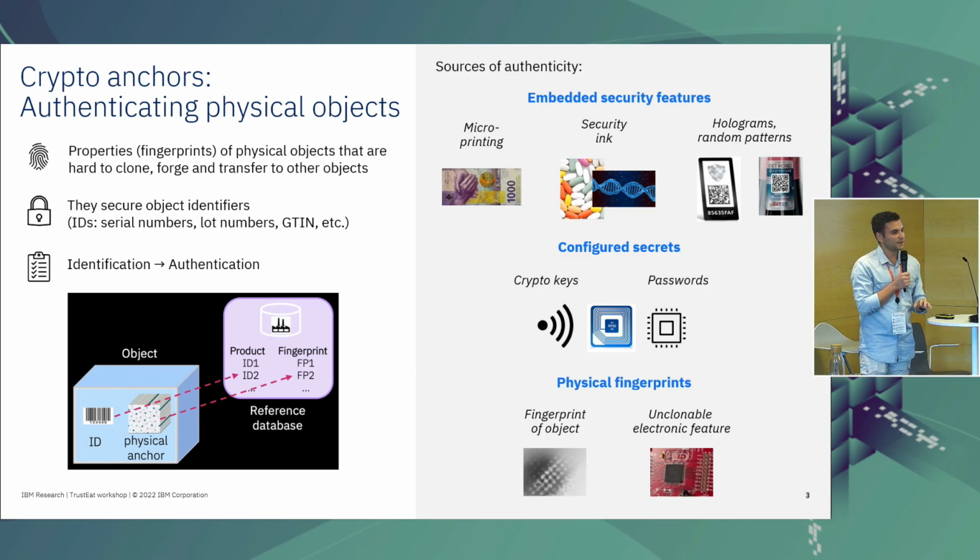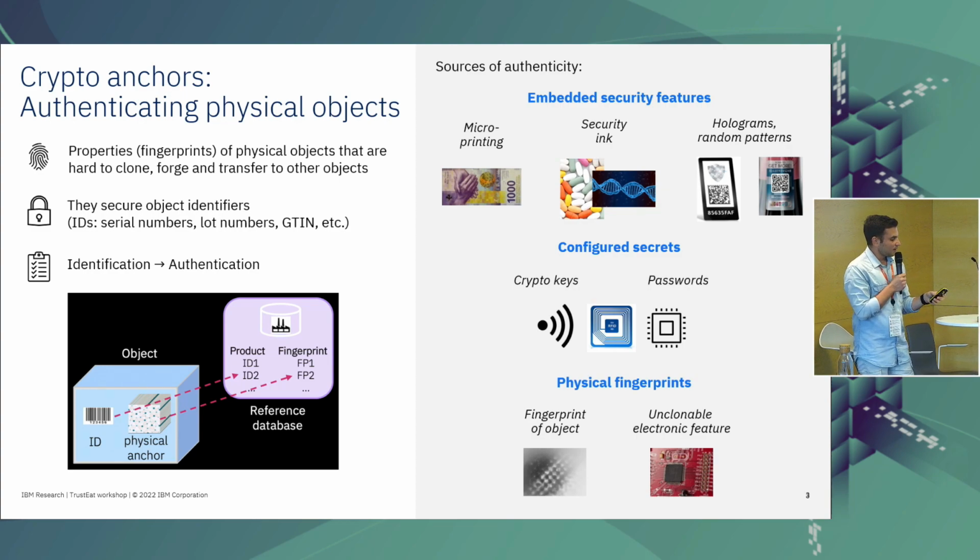And you can think of the electronics chip, in which we can, without modifying the functionality of the chip, induce on the hardware a slight change in order to make that chip possible to be identified. So these are all examples of crypto anchors.